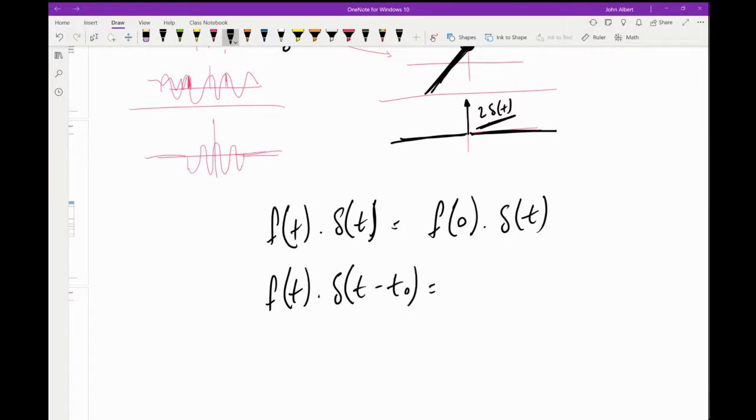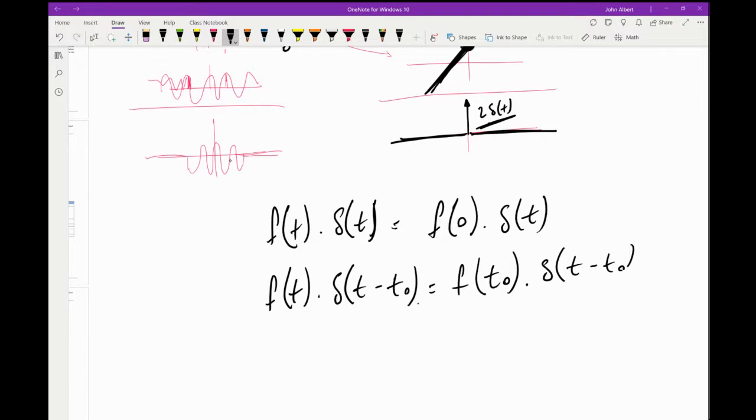Can anyone guess what this is going to be equal to? F of t naught. Yes, you're absolutely right. F of t0 multiplied by the remaining delta of t minus t0.